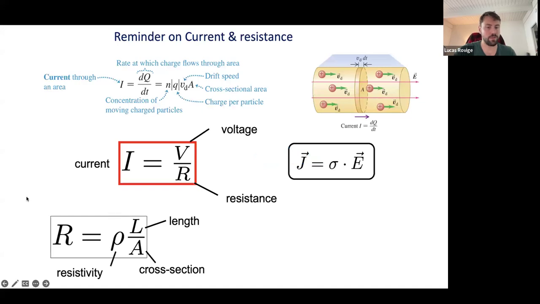Oh, and I forgot this. We also wrote Ohm's law in the current density form.